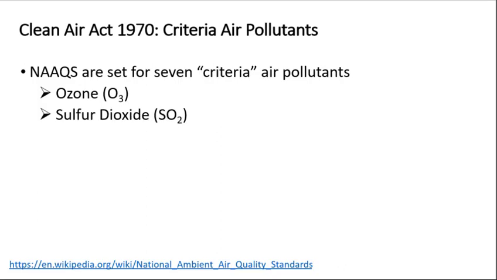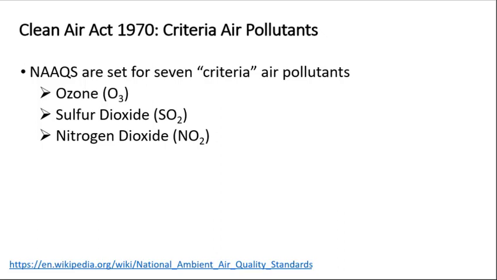Another of the criteria air pollutants is sulfur dioxide, which, as we mentioned in previous lectures, is connected to coal combustion. Another is nitrogen dioxide, also mentioned in previous lectures and shown in photographs as the brown gas covering cities due to the absorption of blue sunlight by this gas.